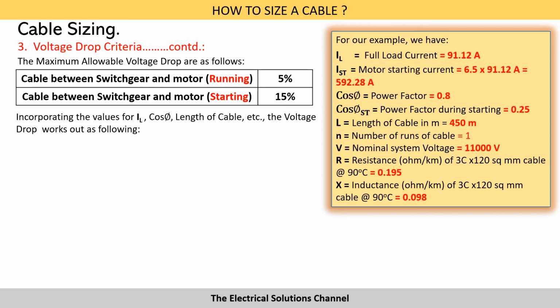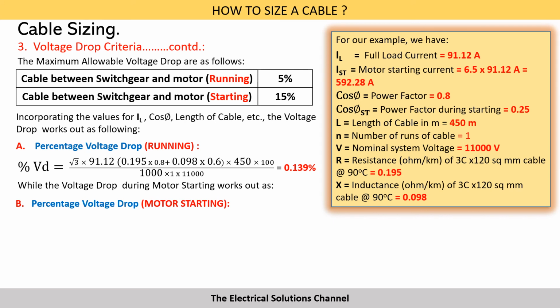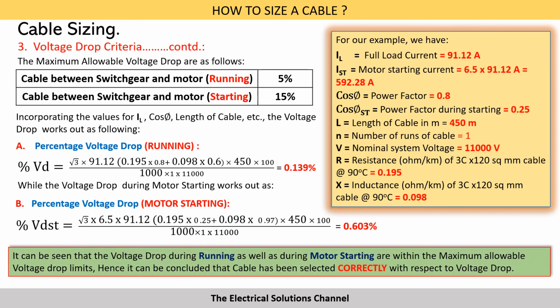For our example, we have the full load current equal to 91.12 amps, the motor starting current equal to 592.28 amps considering direct online starting, power factor equal to 0.8, power factor during starting equal to 0.25, length of the cable in meters is equal to 450 meters, number of runs of the cable equal to 1, the nominal system voltage is equal to 11,000 volts, R equal to 0.195, X equal to 0.098.